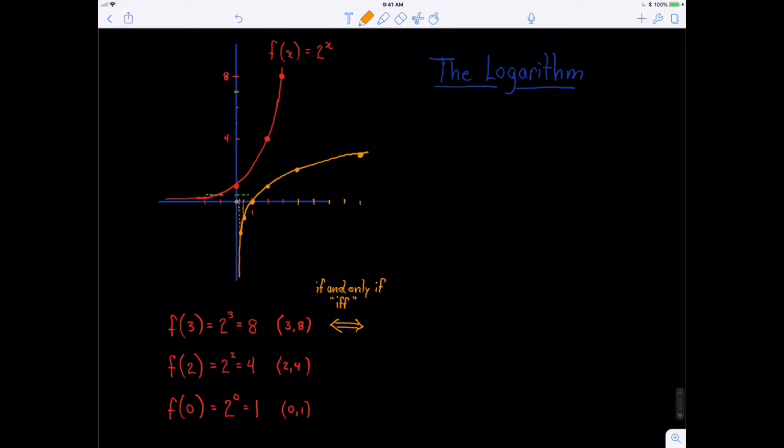But remember what we knew. We knew that if there was an inverse, all it would do is take the 8 and return the 3. Or it would take the 4 and return the 2. Or it could have taken the 1 and returned the 0. So wait a minute. Let's see how this works. So I'm going to give myself a bit of space. And so this is what we know.